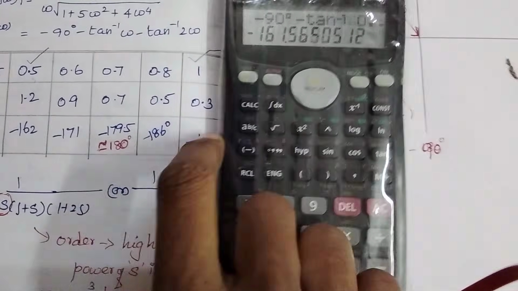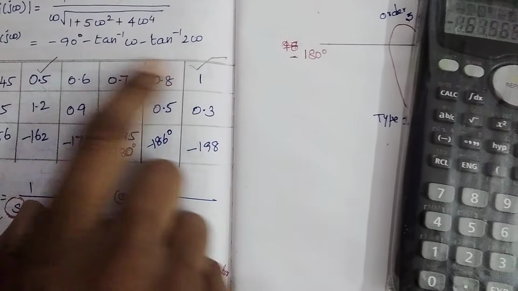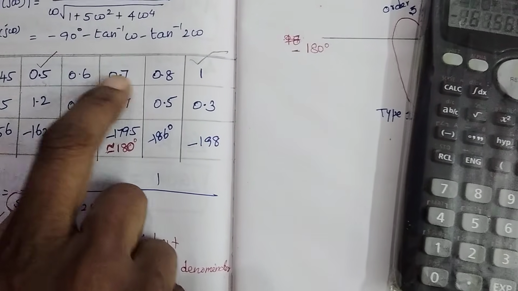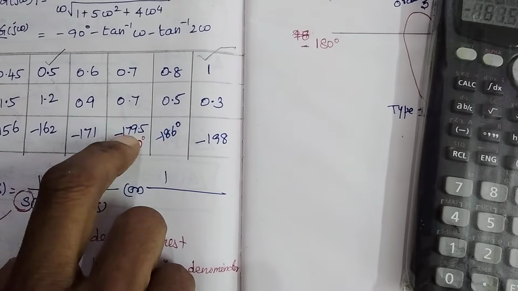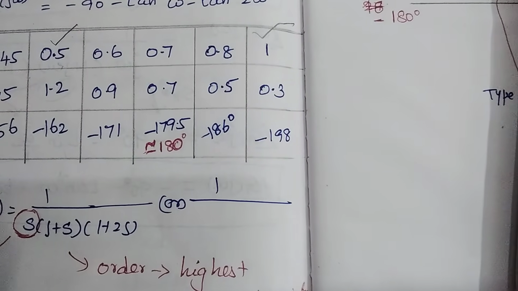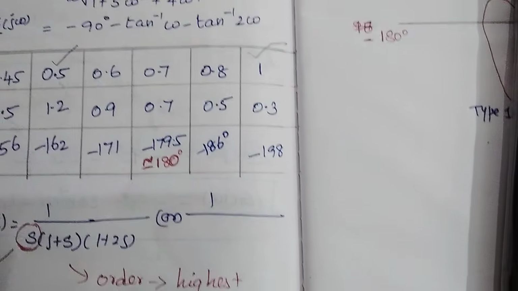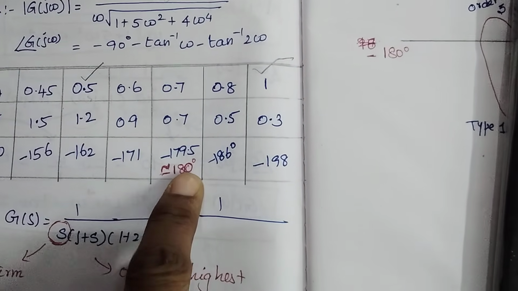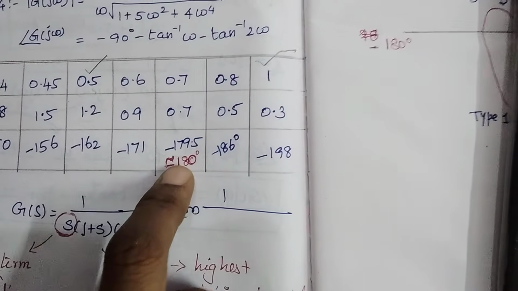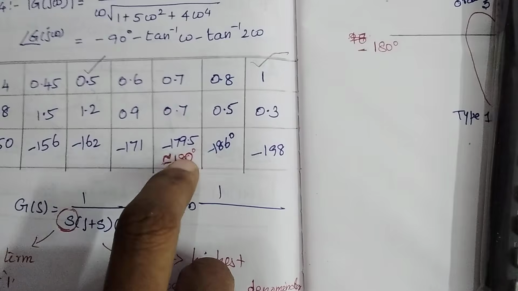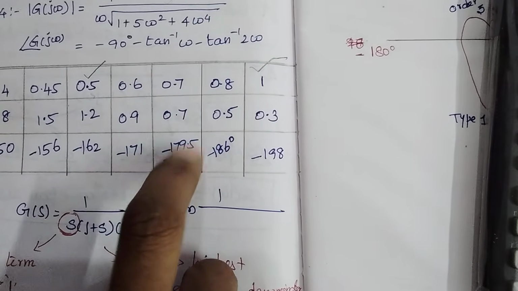Similarly, you do for values around 0.5 to 1, like 0.6, 0.7. While getting 0.7, we will get near about minus 180 degrees. For choosing the frequency values, keep in mind that the phase angle gets nearer to 180 degrees.